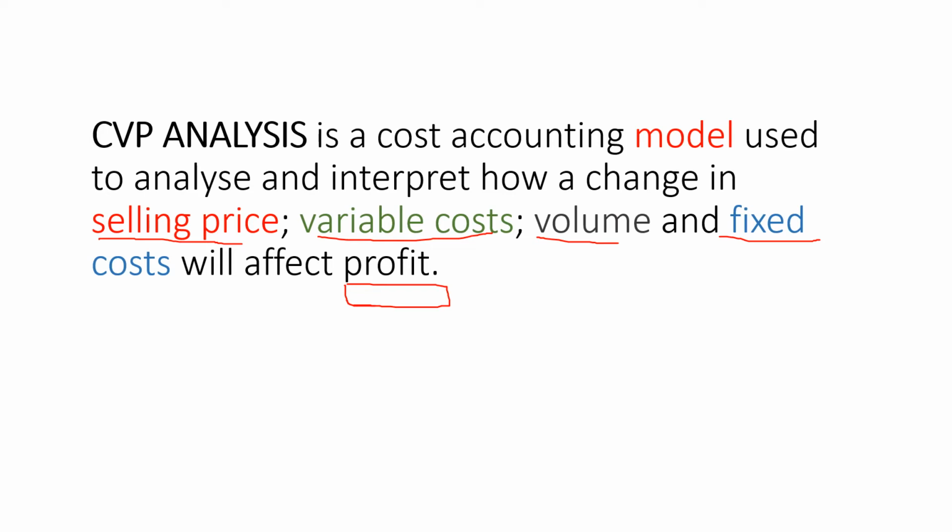The higher or the lower the selling price, it's going to change your profit. The lower or the higher your variable cost, they're going to increase or decrease your profit. Number 3, volume. The lower or the higher the volume is going to affect your profit. Or any change in your fixed cost will have a negative or a positive impact on your profit.